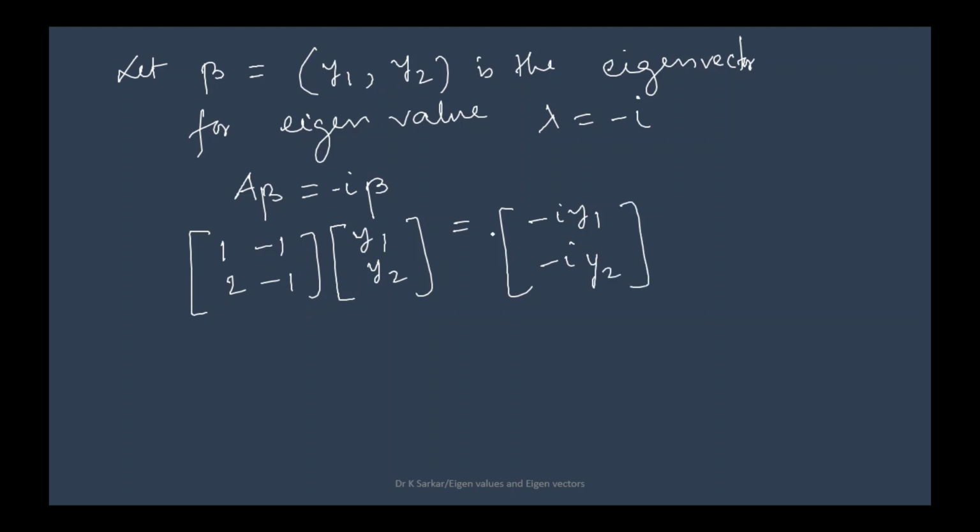Let us solve this matrix equation. y1 minus y2 is minus i y1.